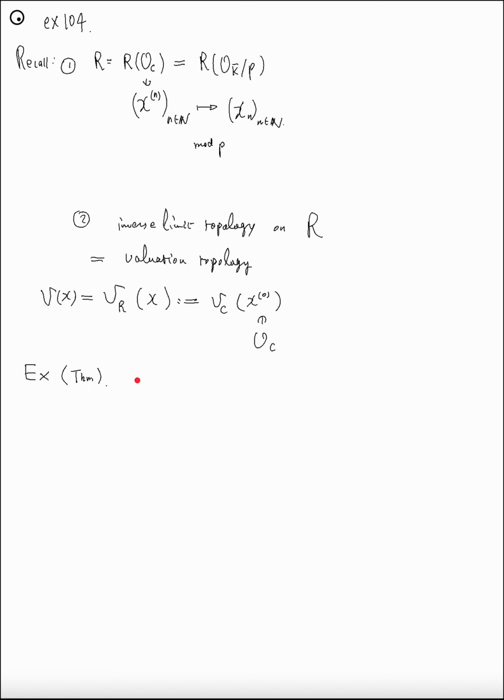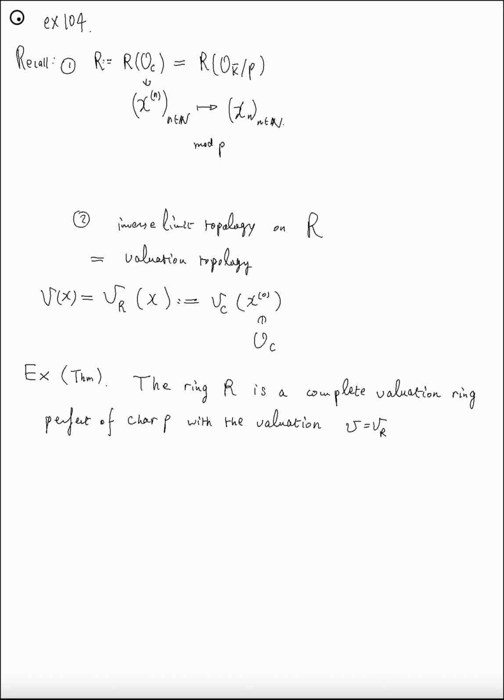The ring R is a complete valuation ring of perfect characteristic P, with the valuation defined as above.